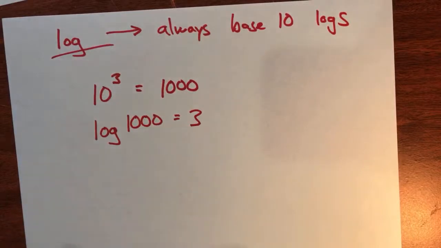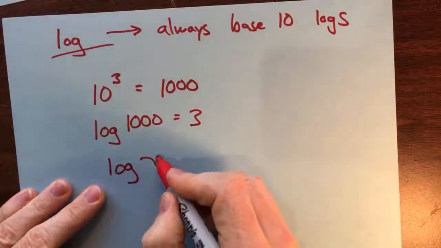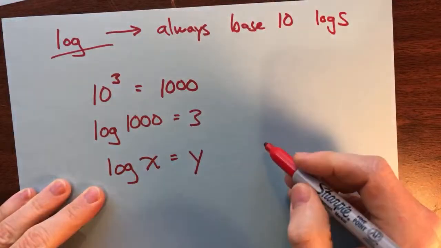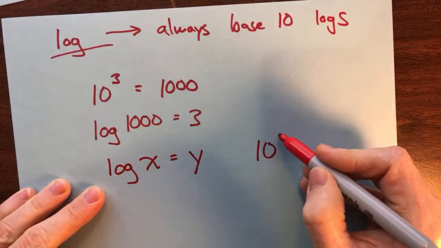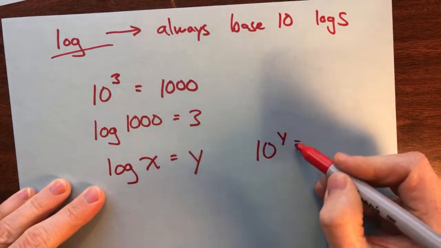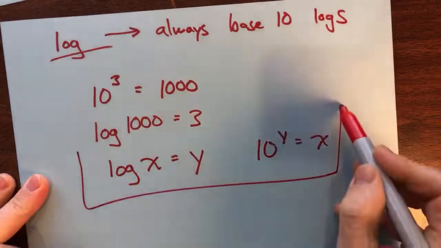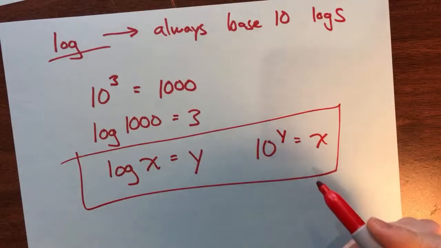So you have, in general, log of x, right, equals y. That's going to be the same as saying 10 to the y equals x. All right, so that's it. That's what your log is in a nutshell. And we're always going to do base 10 logs.